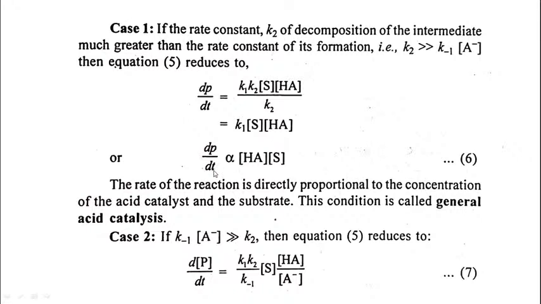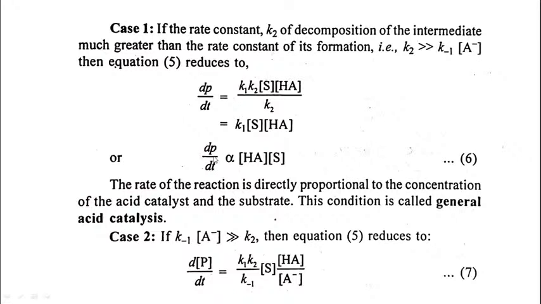So the rate of the formation of the product with respect to time is directly proportional to the concentration of the acid and the concentration of the substrate. From this equation we can say that the rate of the reaction is directly proportional to the concentration of the acid catalyst and the substrate.